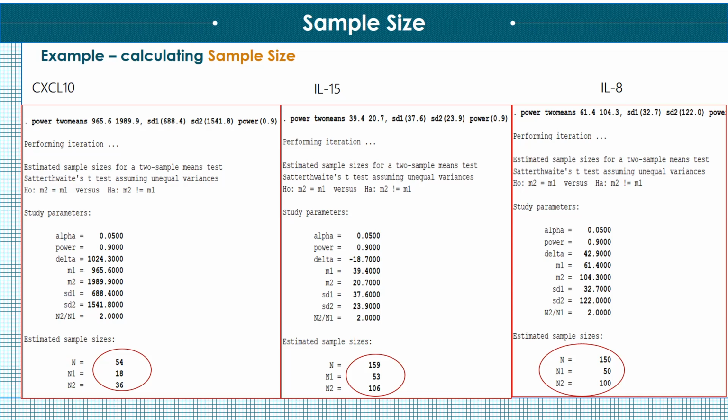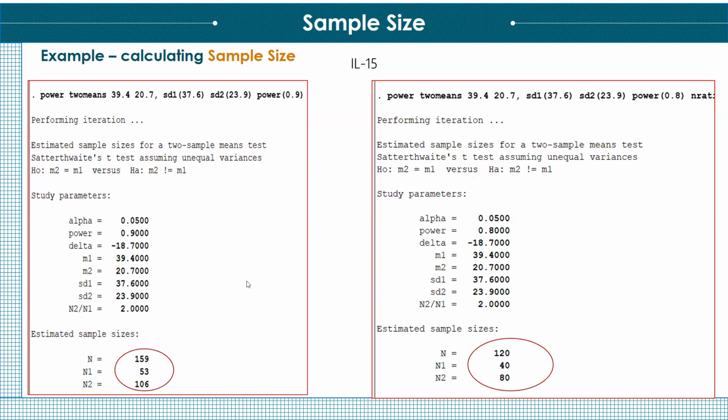Again, that was at a power of 90. So what's the absolute bare minimum? If we use a power of 80%, we at the very least need a study population of 120 patients, 40 of whom are control, and 80 pancreatic cancer patients. So I hope that gave you some insight as to how to use either your pilot data or data from the literature to determine sample size.